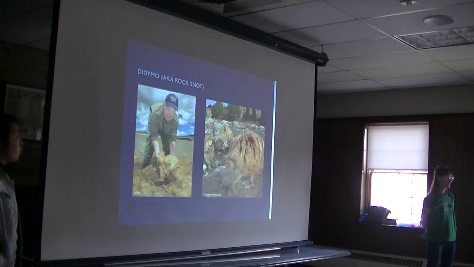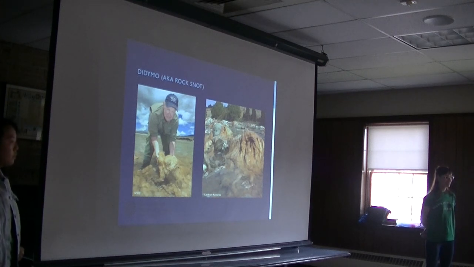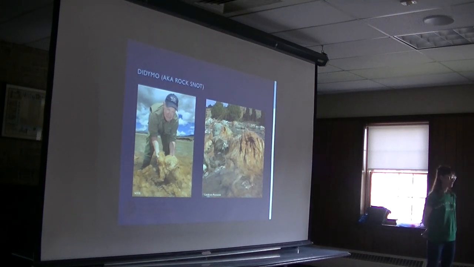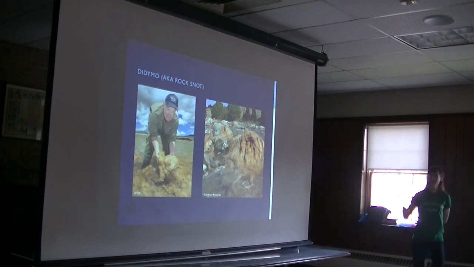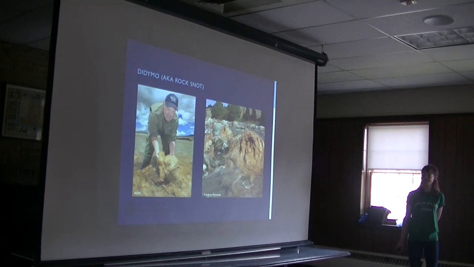That's a really good question. As far as I know, there aren't any really good successful strategies other than preventing the spread. I don't know what sort of chemicals or anything are being used. We just clean our waders with environmentally friendly dish soap. It's just a matter of cleaning them.